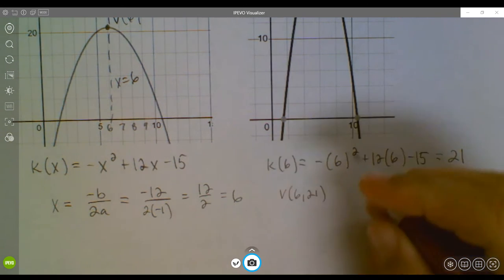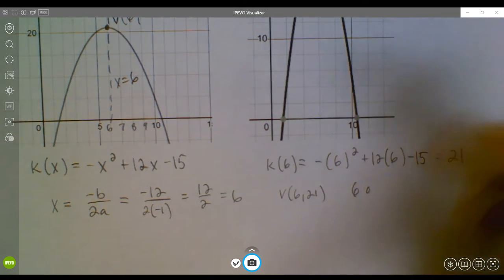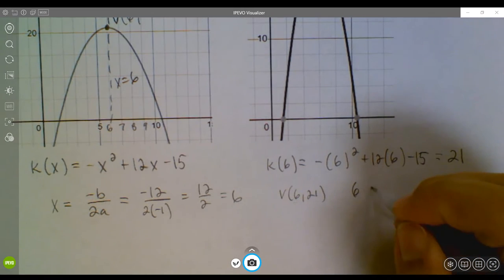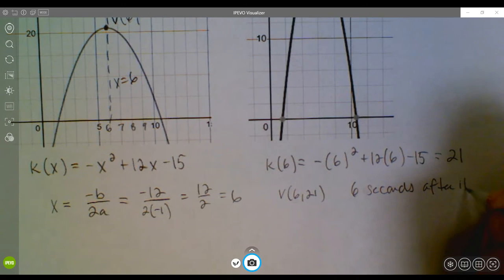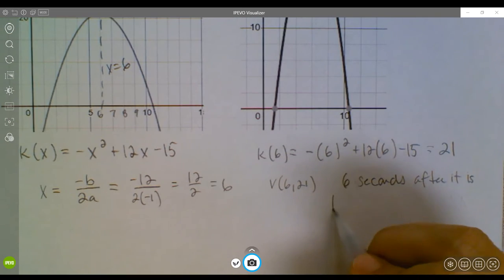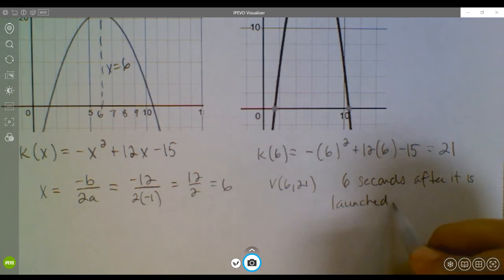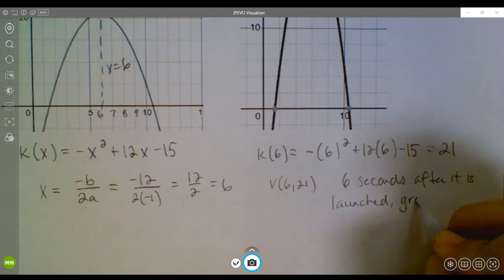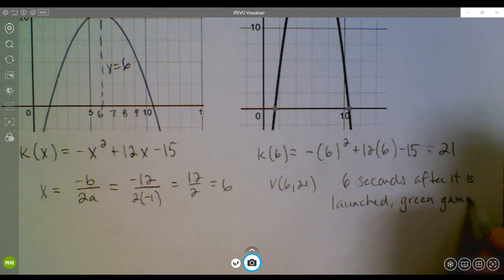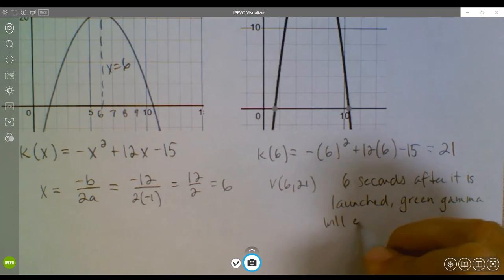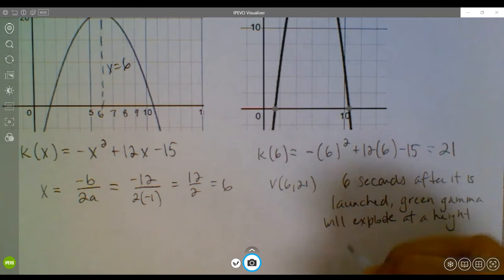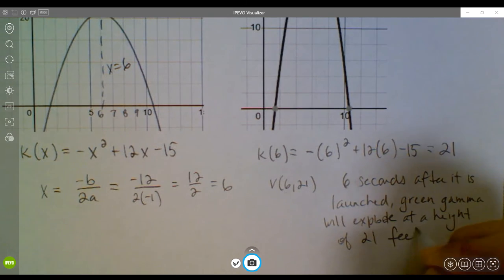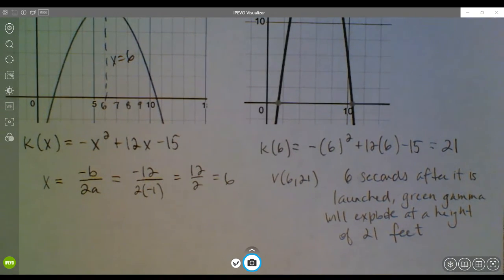It means 6 seconds after it is launched, the green gamma will explode at a height of 21 feet.